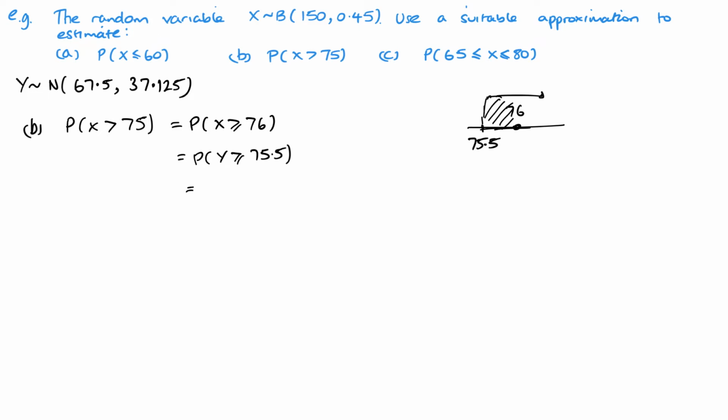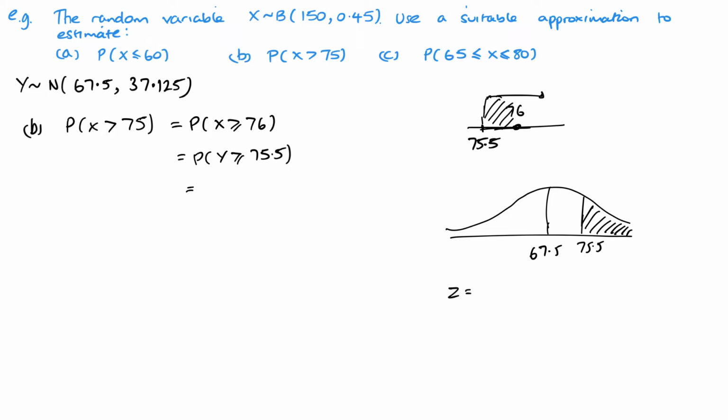Now from this point onwards, let's look at a quick sketch of our normal. We know that the mean is 67.5, so 75.5 has got to be after that mean, and we want greater than, so that's what we're looking at. This should be nice and easy to do. So let's find our z value.